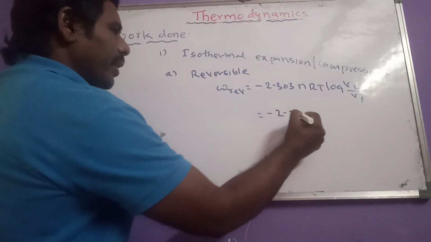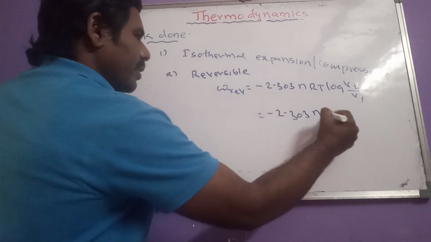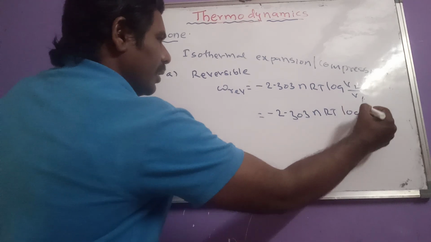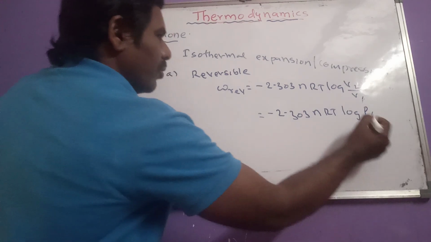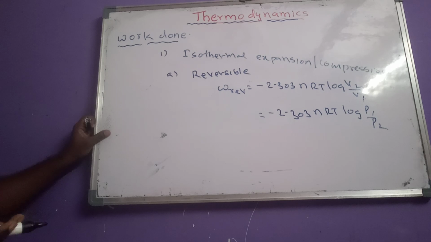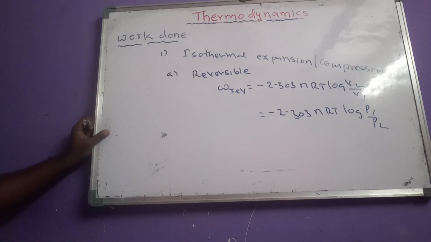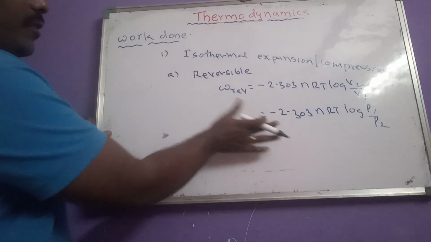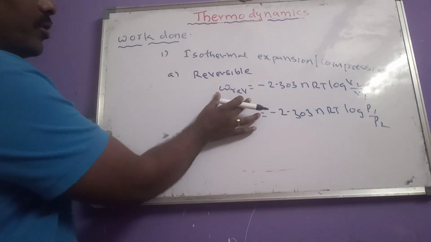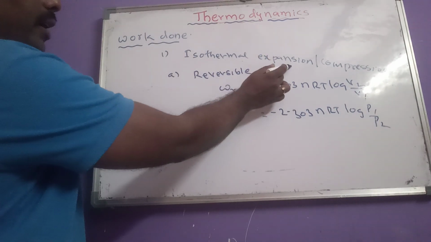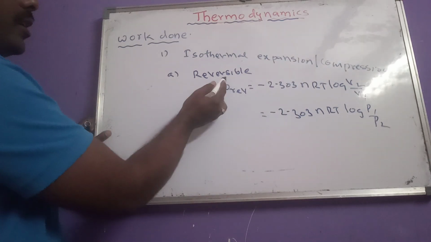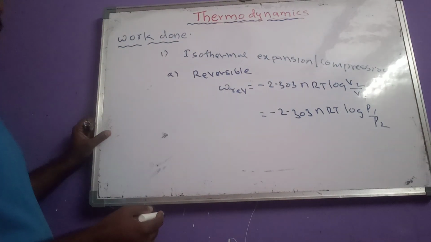At that time the formula is minus 2.303 nRT log P1 by P2, because pressure and volume are inversely proportional. So P1 by P2 we have to write. This is the formula we have to use for isothermal expansion or compression under reversible conditions.